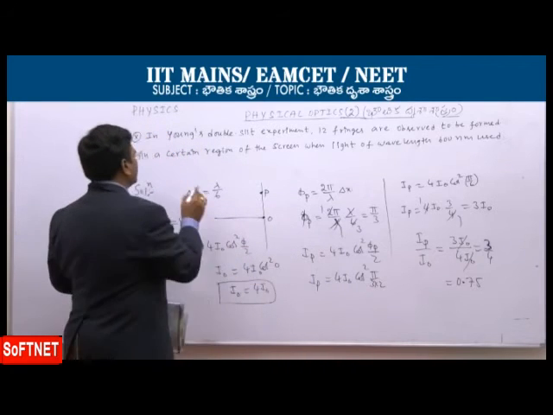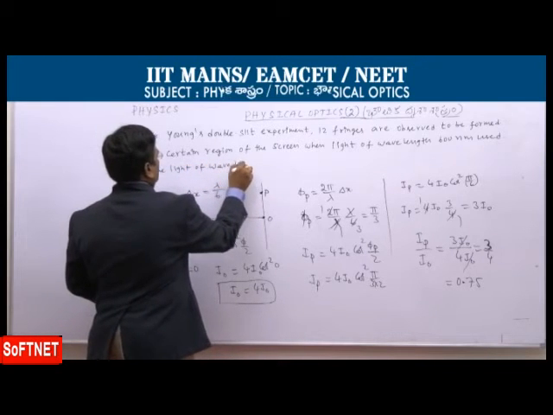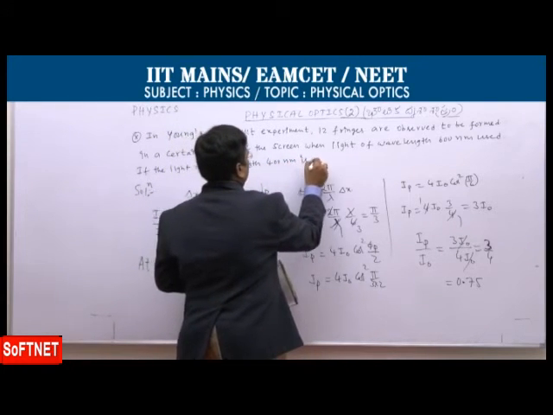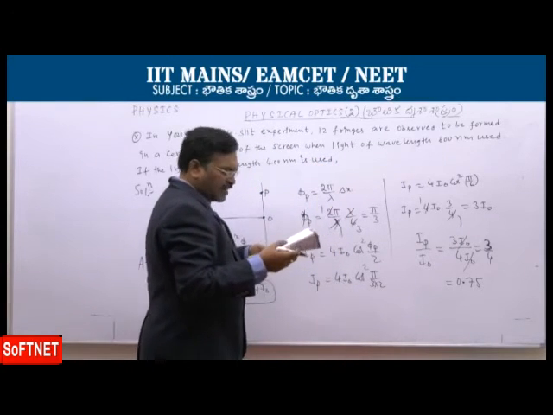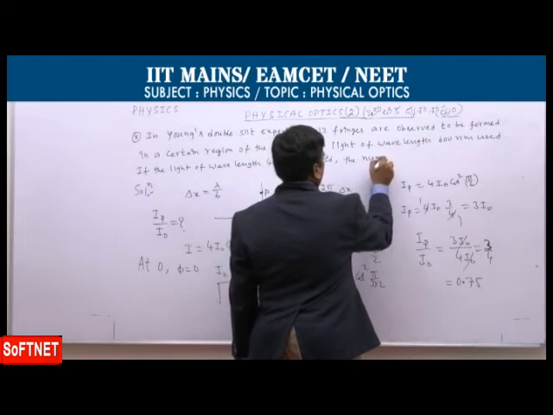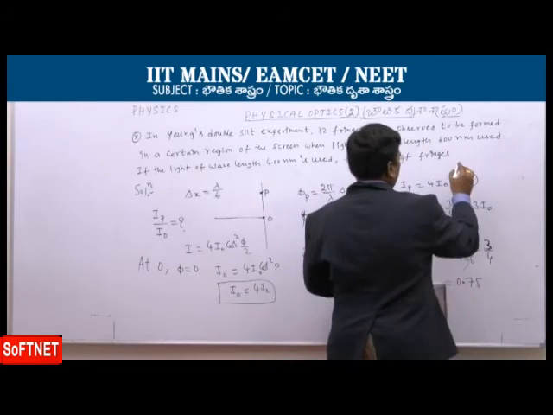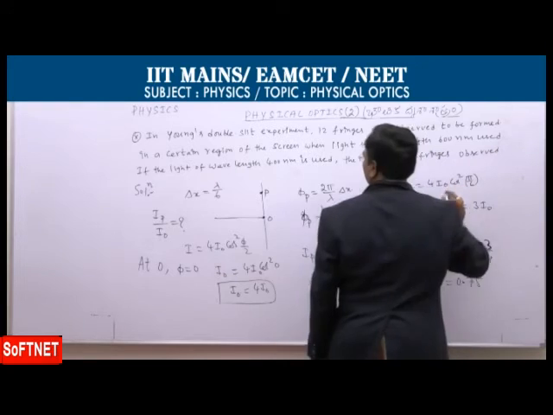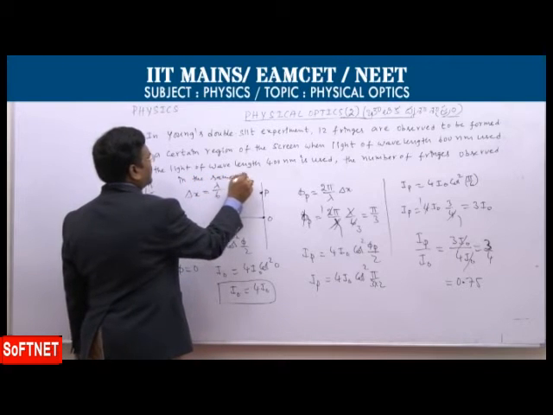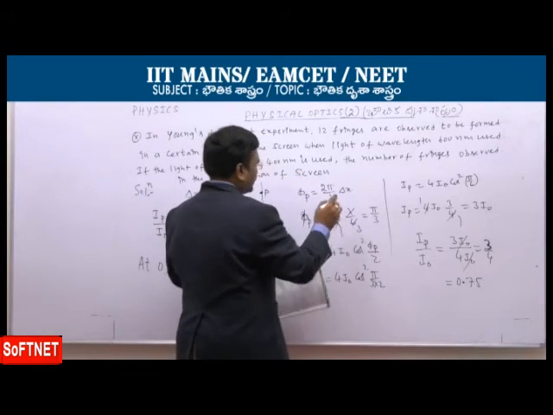If light of wavelength 400 nanometers is used, the number of fringes observed in the same region of the screen will be.